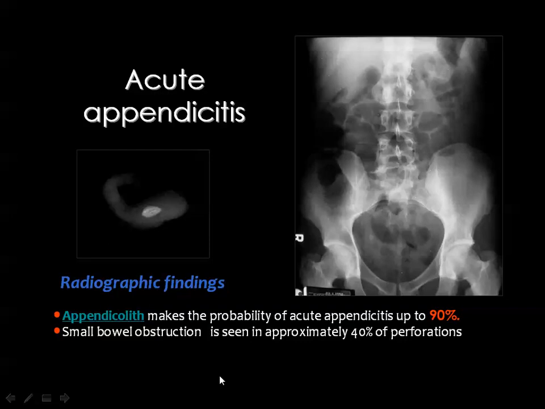Then the most common radiographic diagnostic criterion for the diagnosis of acute appendicitis by plain X-ray, by CT, and by ultrasound is the detection of this small calcified appendicolith in the right iliac fossa corresponding to the site of the appendix. And the appendicolith makes the possibility of acute appendicitis good in more than 90% of the cases.